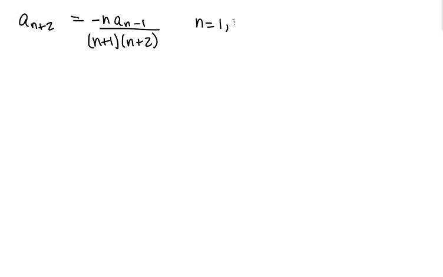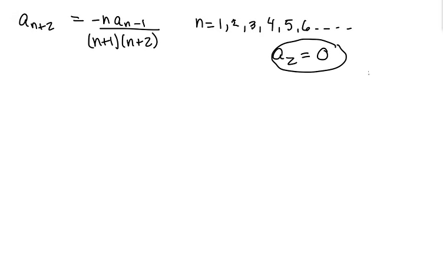Okay, so we had before, and then remember we solved for a sub 2 already, and we got 0, and we already solved for a sub 3, and we got negative a sub 0 over 6.